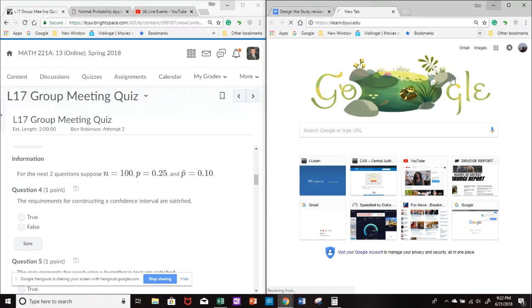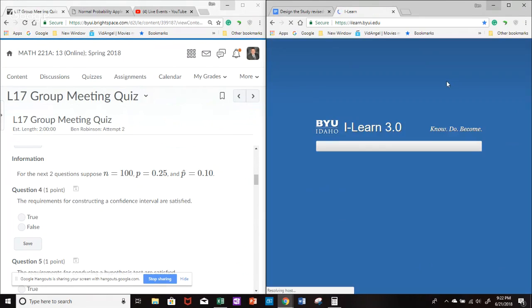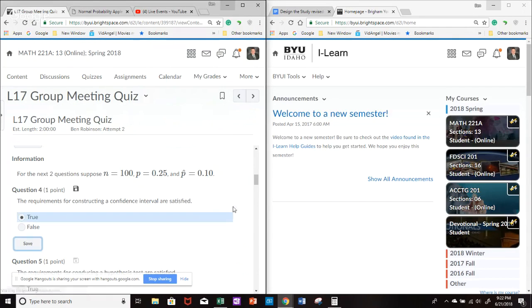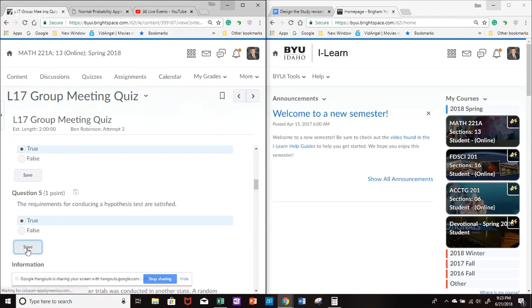Yep, I agree. For the one you use the 0.25, and for the other one you use the 0.1, in your formula. The one's quite a bit over. This one here is just barely at 10. But since it can be 10 or over, then this next one's true as well.